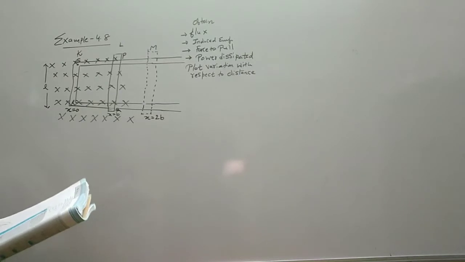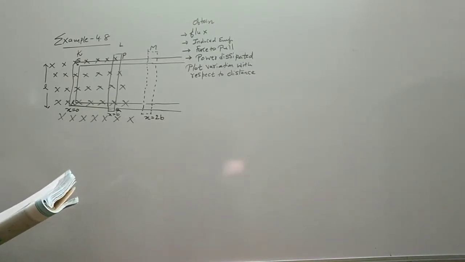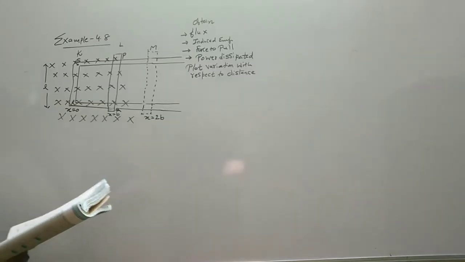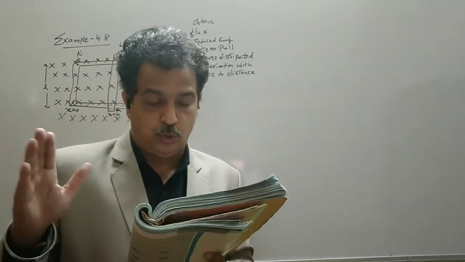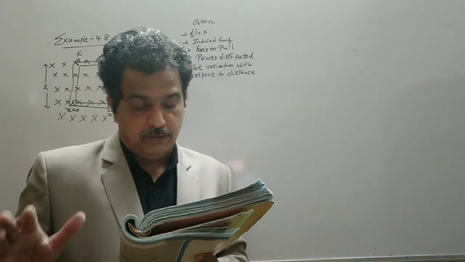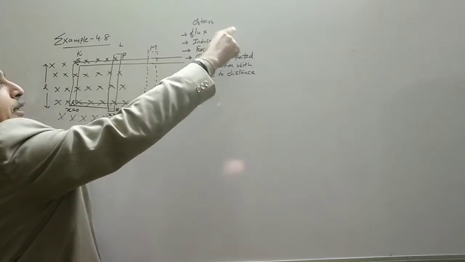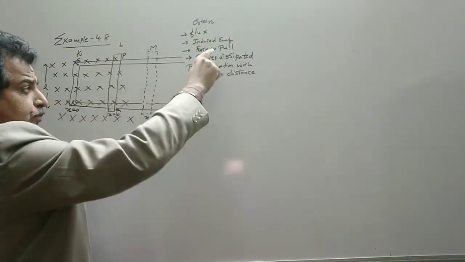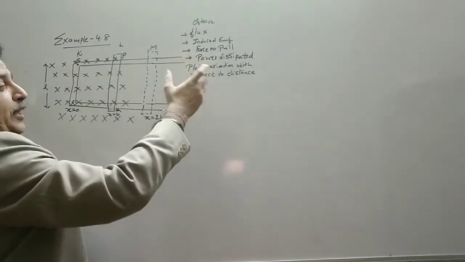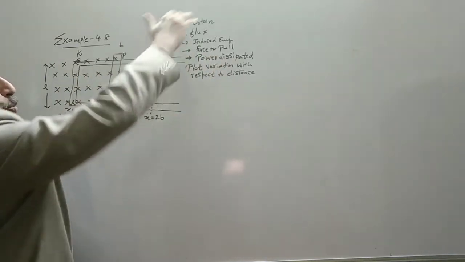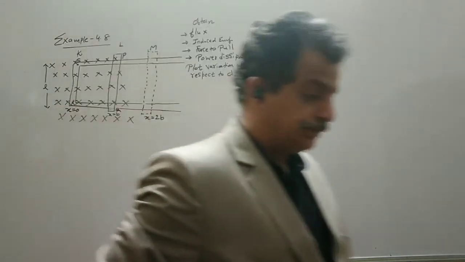So you have to find out the situation when the rod is moved from x equal to 0 to x equal to 2b with a constant speed v. We have to obtain the expression for flux, induced EMF, force required to pull, and power dissipated, as well as plot the variation with respect to distance.